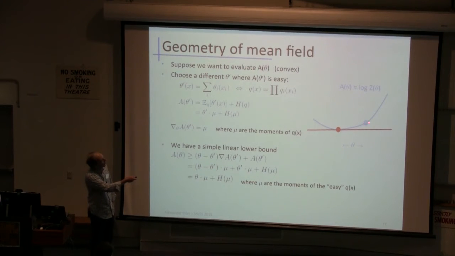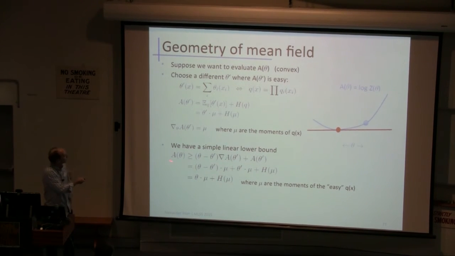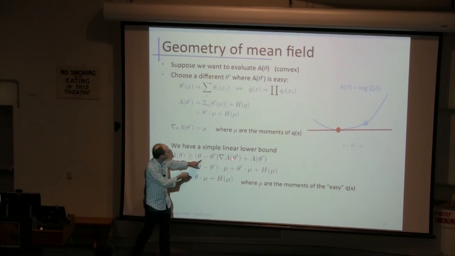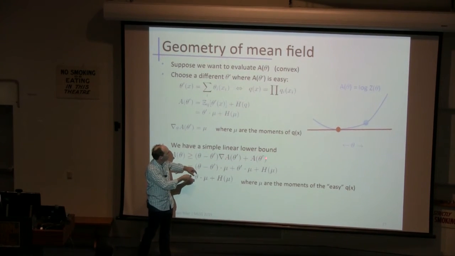So we can lower bound the value at the theta we're interested in by just using its value on the tangent plane. So we use theta prime's tangent plane and evaluate it at theta. So the partition function at the target theta is less than this linear expansion around theta prime.